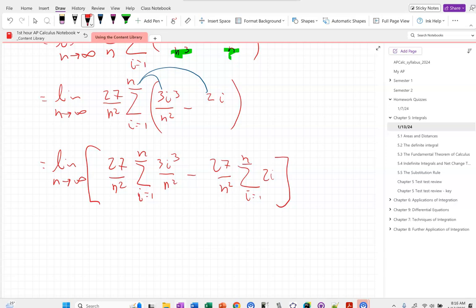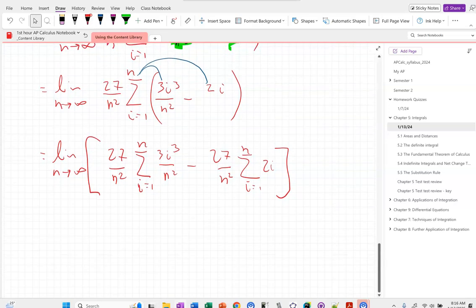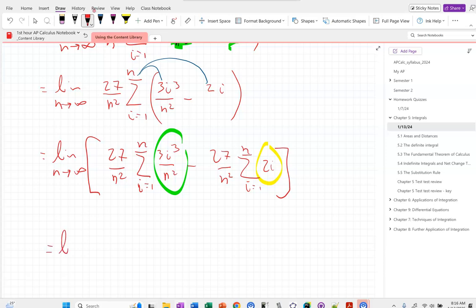Still okay? So if I look in here and in here, I'm going to factor out of the sum all the parts that aren't dependent on i. So from that piece in green, I can take out a 3n squared. And from the part in yellow, I can take out a 2.